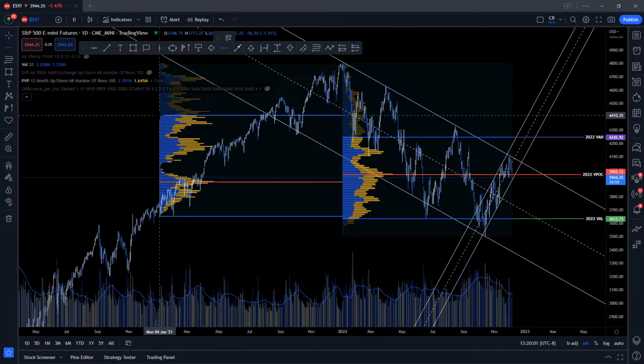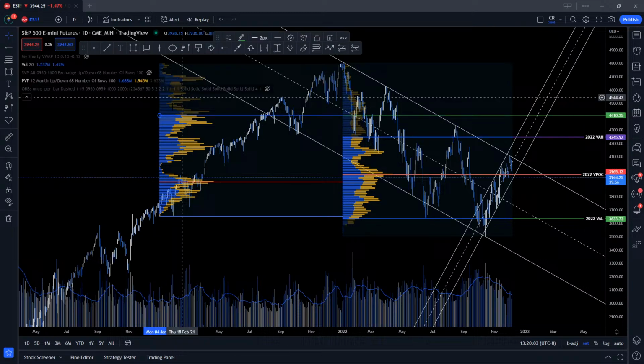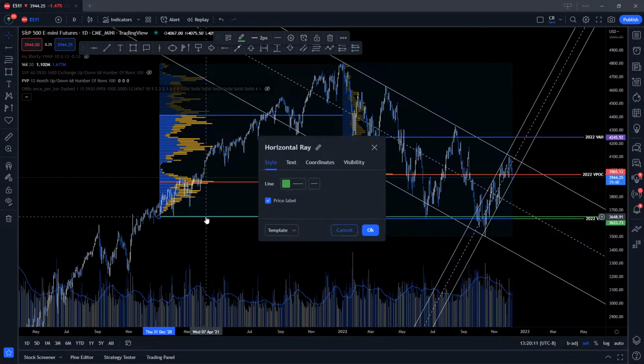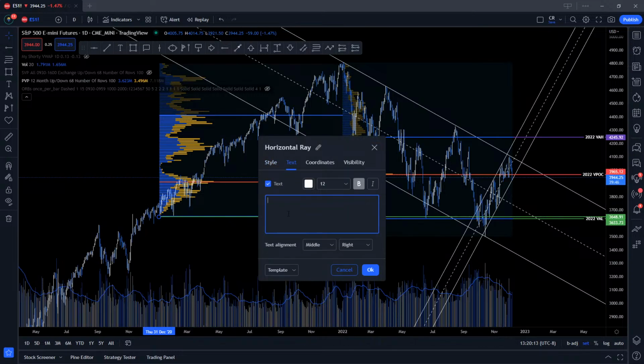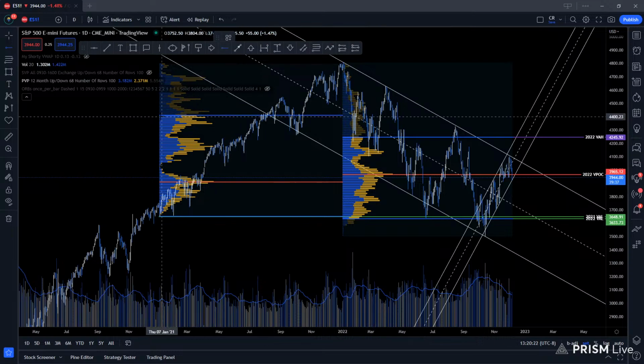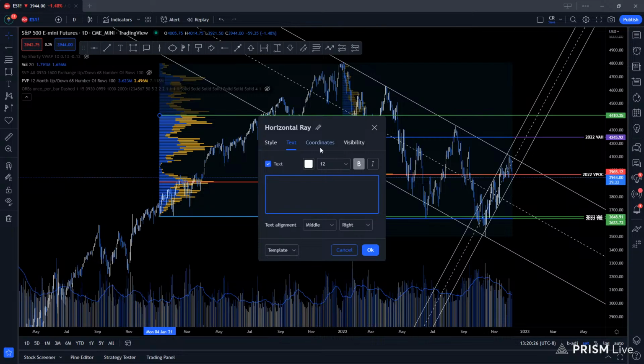And then we'll grab our 2021 value area high and low and POC. If you don't know what any of these are, I'll go over that really shortly here. That is, if you don't understand value area high, value area low.